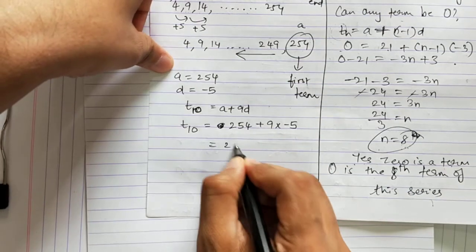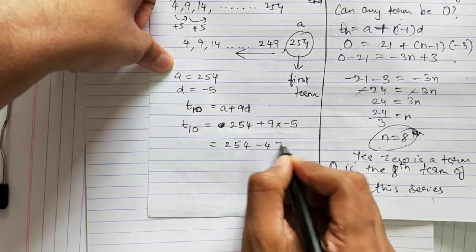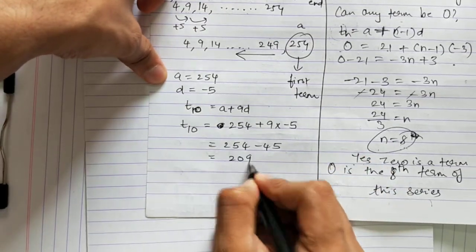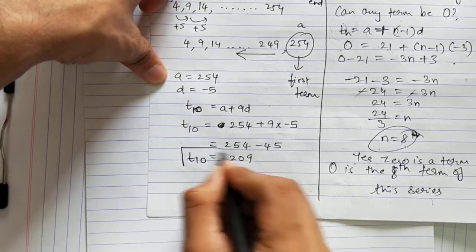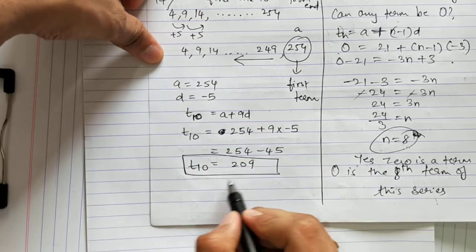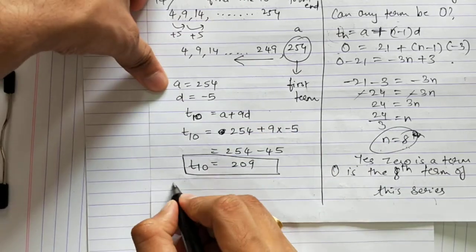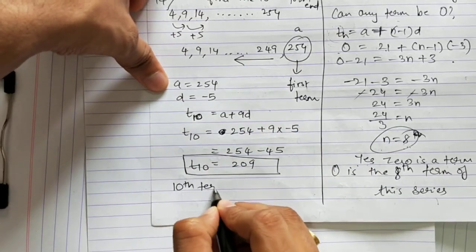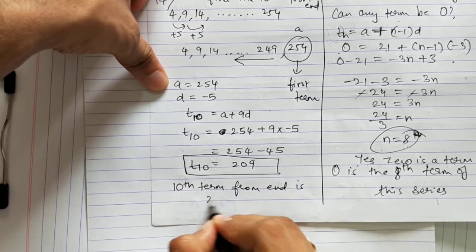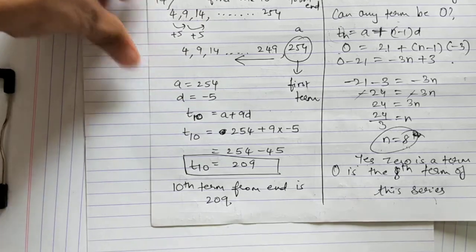So 254 minus 45. What is 254 minus 45? It is 209. That means the 10th term from the end, from here the 10th term is 209. So write the answer. 10th term from end is 209.